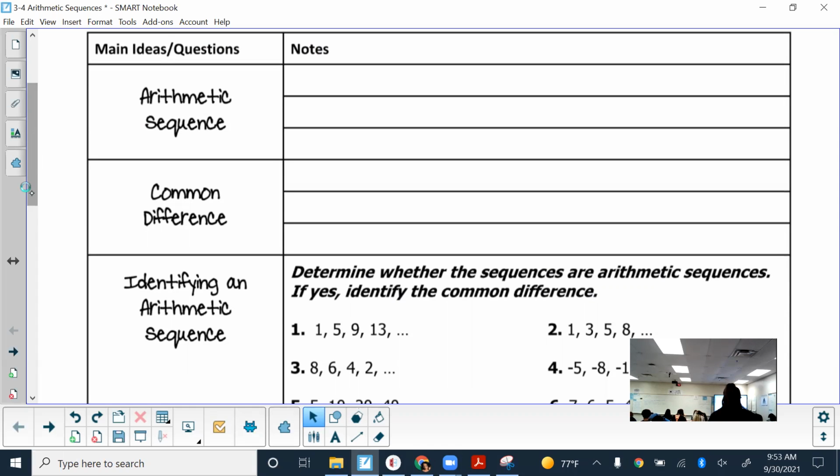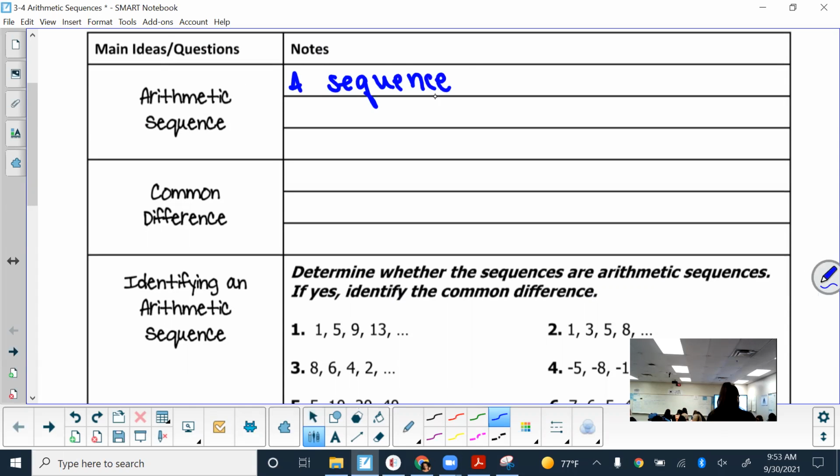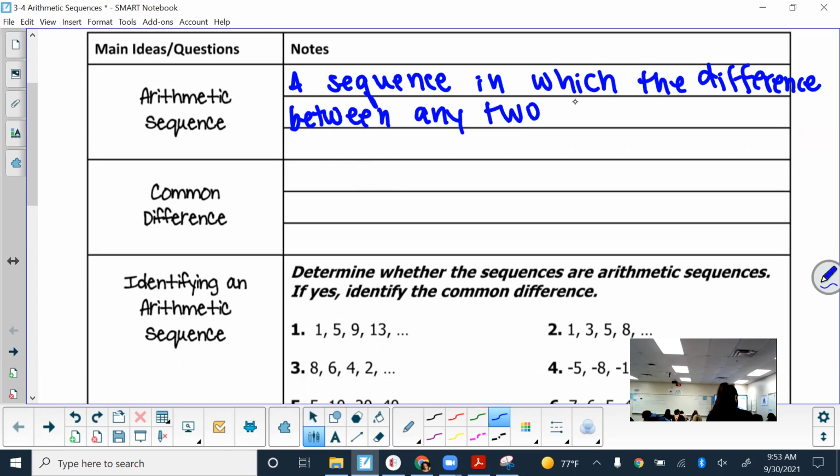So what those are: a sequence in which the difference between any two consecutive terms is constant.